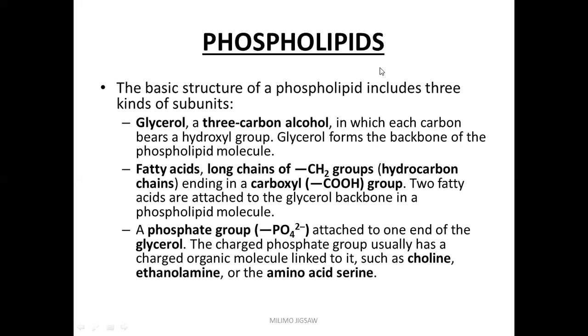The molecule could be choline, ethanolamine, or it could be an amino acid, serine. So this is the basic structure of a phospholipid. It is going to contain a glycerol, fat acids, and a phosphate group.